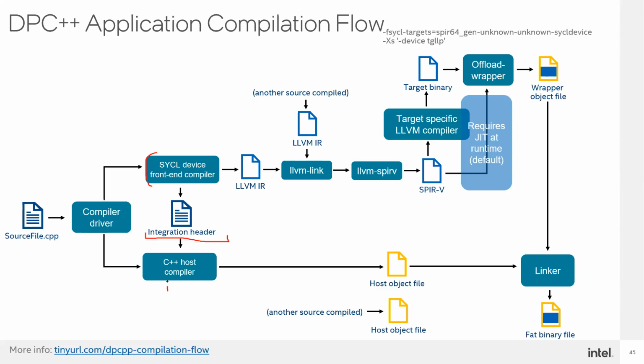It can be ICC, GCC, or clang. Any C++17 compatible compiler, or even C++11, I think, will work, depending on the features you're using in the code, and will allow you to compile the host code and generate the host object, which will finally be used by the linker to generate a fat binary.